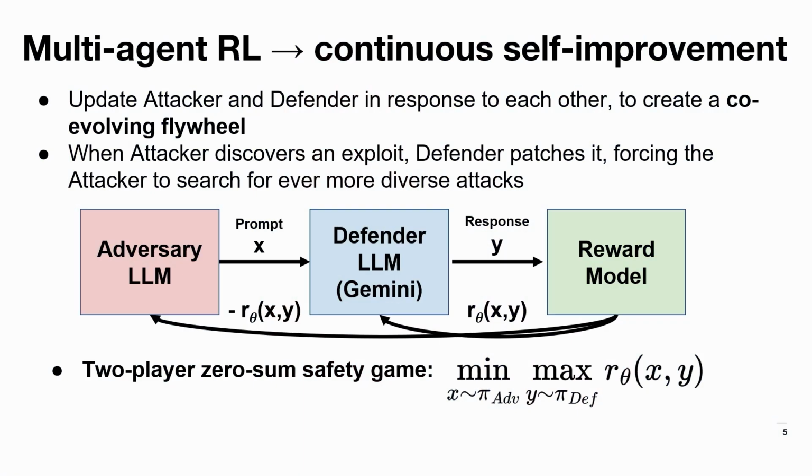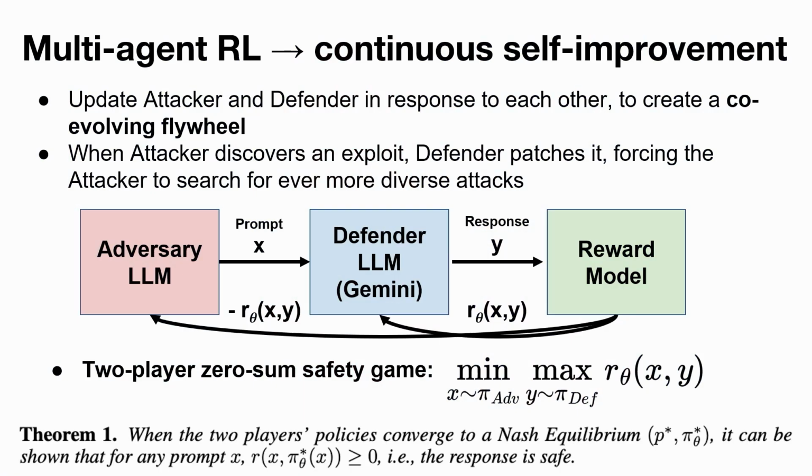And because we can set this up as a zero-sum, two-player adversarial game, we can trivially leverage results from game theory that show that not only does this game have a Nash equilibrium, but at the Nash equilibrium of the game, the defender is going to be able to respond safely to any prompt X that the adversary can pose. So we think that this game is at least pointing us in the right direction to a provably safe model.